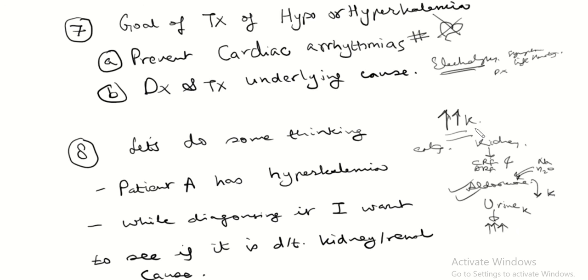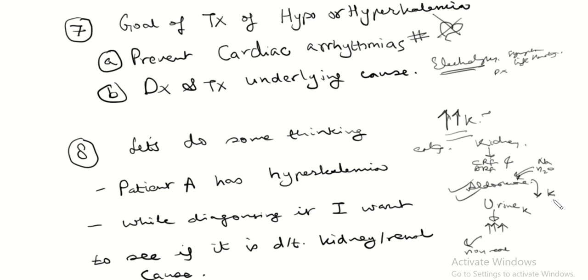If potassium is high, aldosterone, if it's working well, should be peeing out that extra potassium, which would increase the potassium in the urine, which would tell me aldosterone is working great. So if the kidneys are not in failure and you have high urine potassium in a hyperkalemic patient, that tells you the reason for the increased potassium is not the kidneys because they're not failing and the aldosterone is working great. It's non-renal causes.